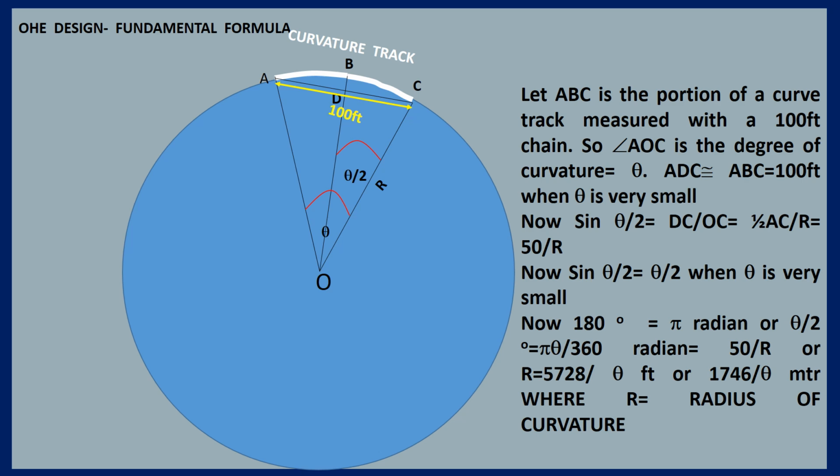So you can easily find the radius of curvature by putting theta equal to 1 for a 1 degree curve, theta equal to 2 for a 2 degree curve. If you get the radius of curvature, then some other formulas will come from where you can suggest the span. You need versine, you need the span length calculation. That I'll discuss later. Today is up to this.